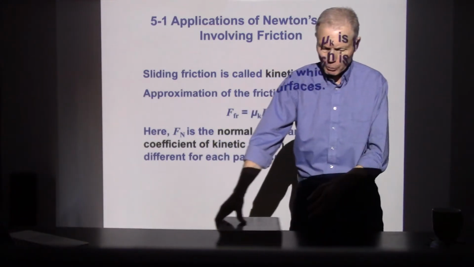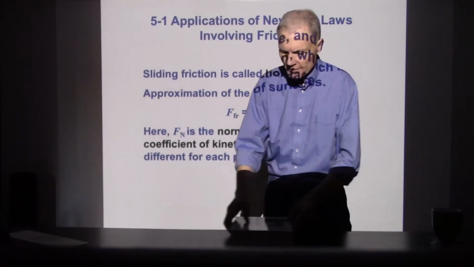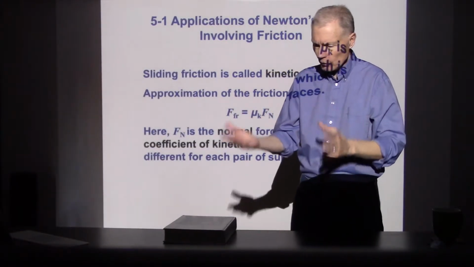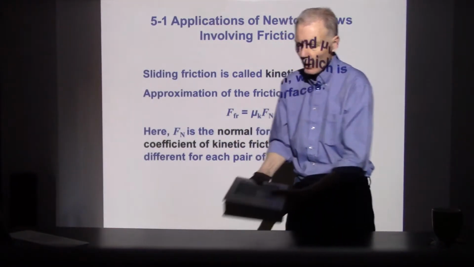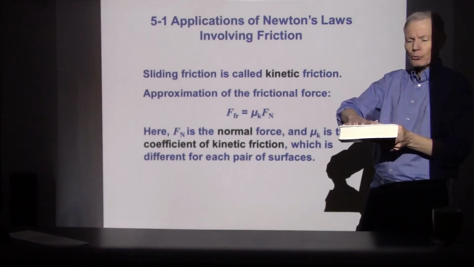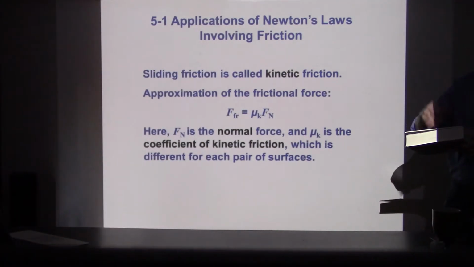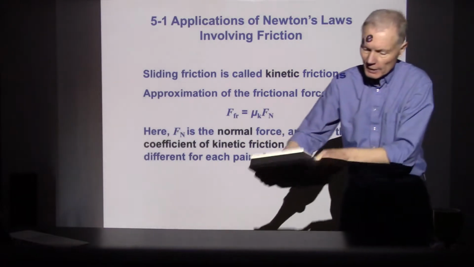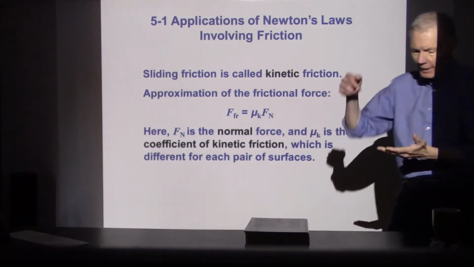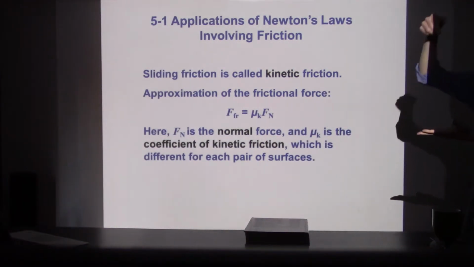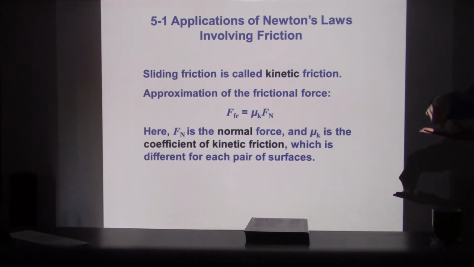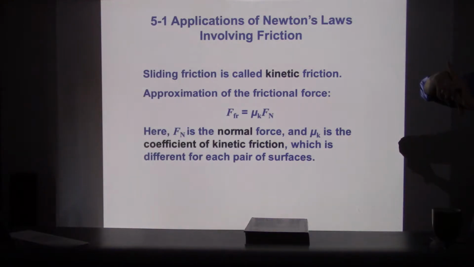If I slide this book back and forth, it says that the frictional force is proportional to how forcefully the two surfaces are pushed together. With how much force is the book pushing against the table, and how much is the table pushing on the book, and those are going to be the same magnitude.